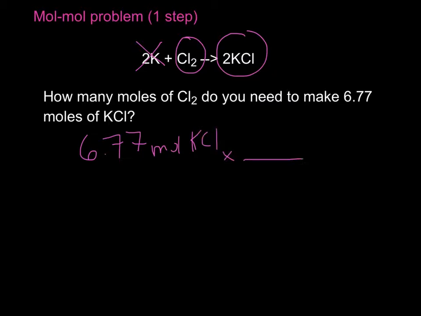I want to end up with moles of chlorine, so I'm going to use the mole ratio. This number 2 here and the invisible number 1 in front of the Cl. Moles of KCl to cancel has to go on the bottom, and that's a 2 from this mole ratio up here. Now I put on the top what I want.